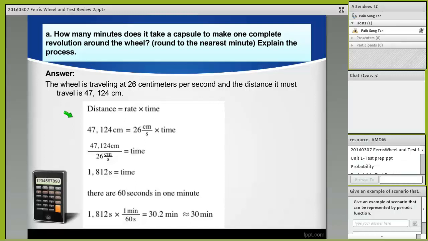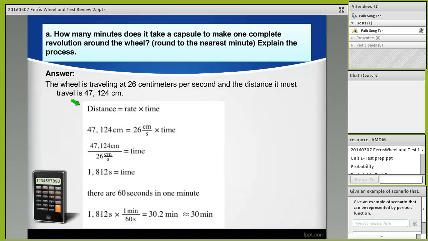We want to know how many minutes it takes a capsule to make one complete revolution around the wheel, rounded to the nearest minute. Explain the process. The wheel is traveling at 26 centimeters per second, and the distance it must travel is 47,124 centimeters.